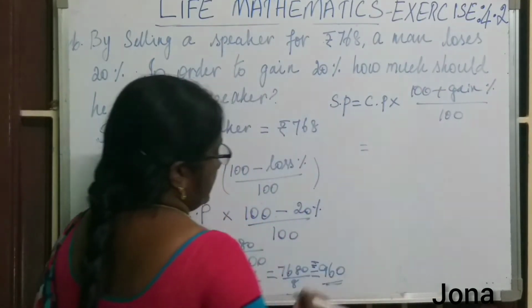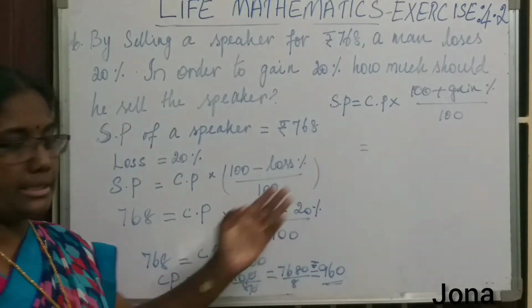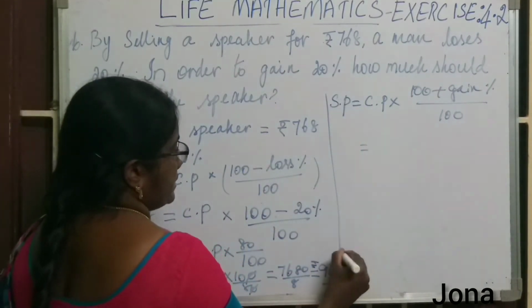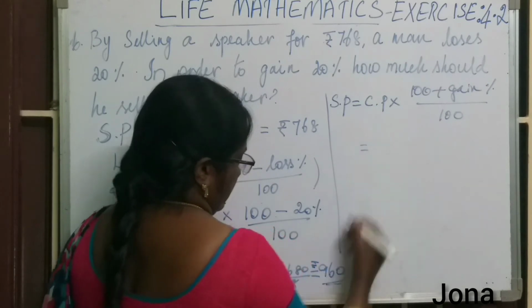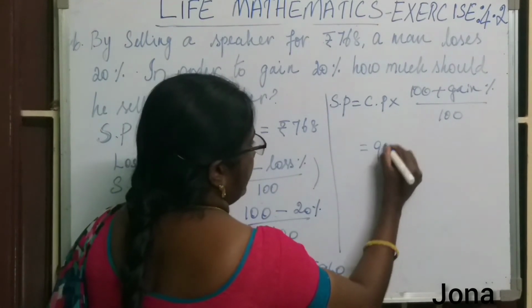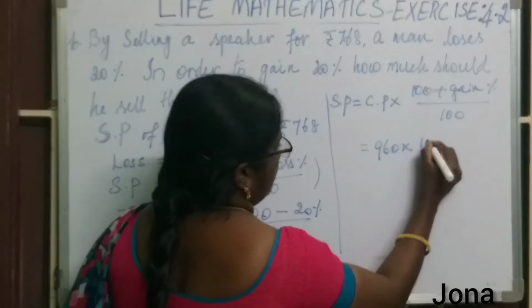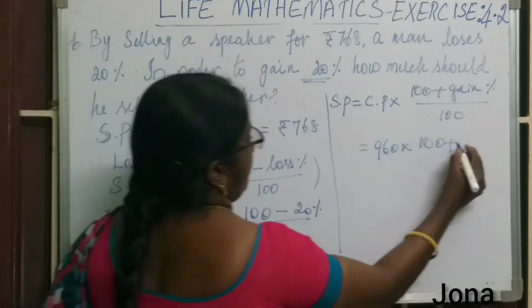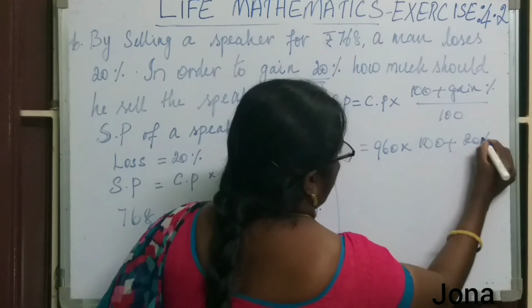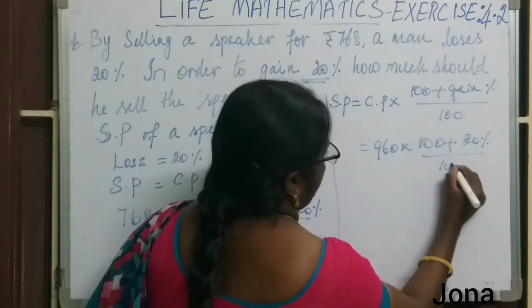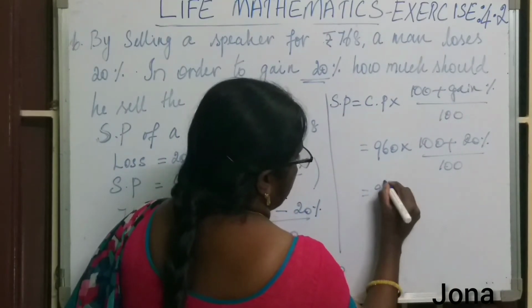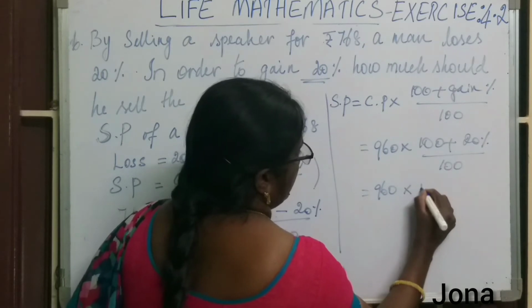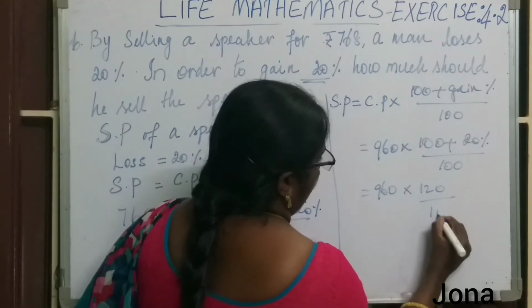So SP is, we want to find this SP, isn't it? So we can have this as it is there. So CP we found already here, 960 into 100 plus gain percentage is 20, 20 divided by 100. So 960 into 120 by 100.